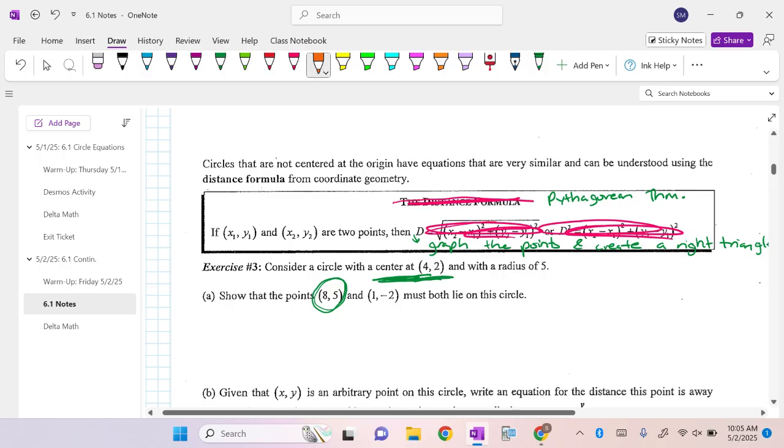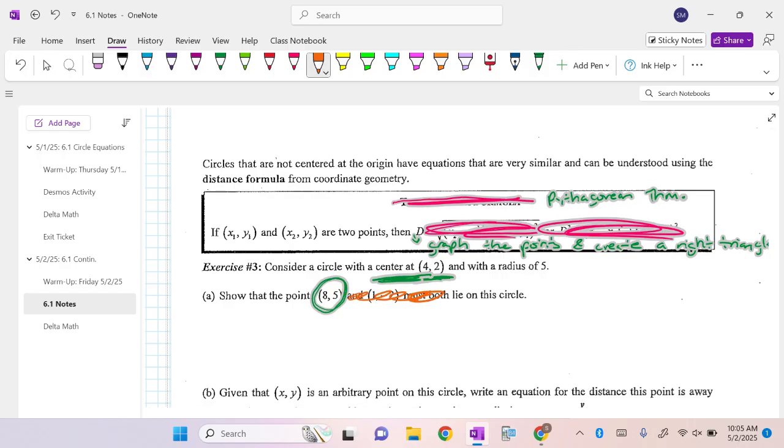So we're just going to say we don't care about this part. We're saying that if we have a center 4, 2, and this point 8, 5 is on the circle, which it actually is, I just did the math in my head, we're going to show that the radius is in fact 5.